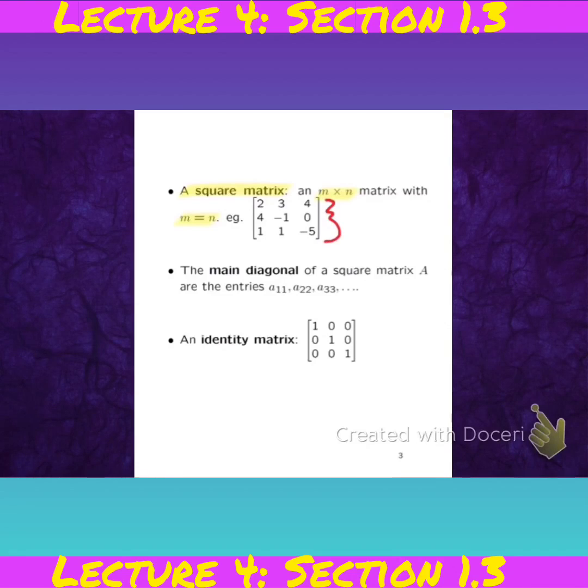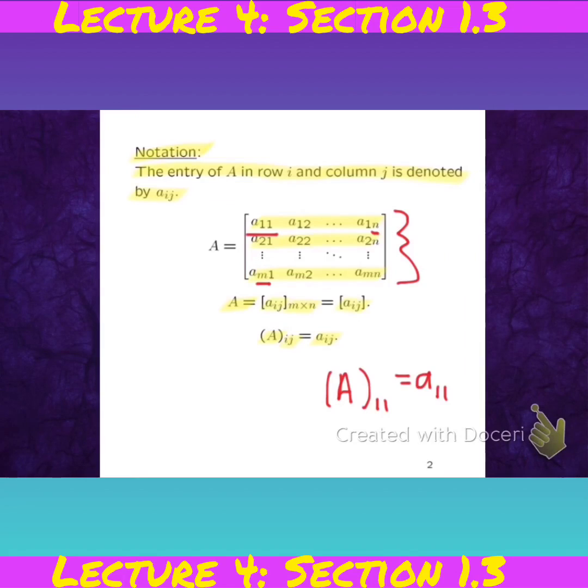The main diagonal of a matrix refers to the entries where the indices are the same, in other words, where the row index is the same as the column index. Whenever the row and column indices of an entry are the same, that entry lies on the diagonal. So if we go back to that sketch, you can clearly see that these will be the diagonal entries.